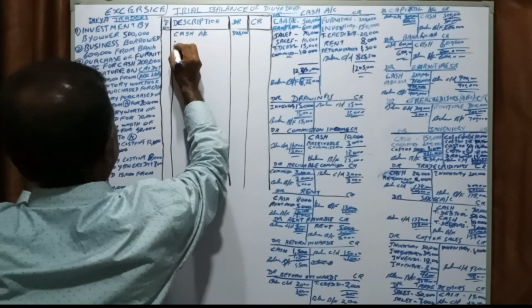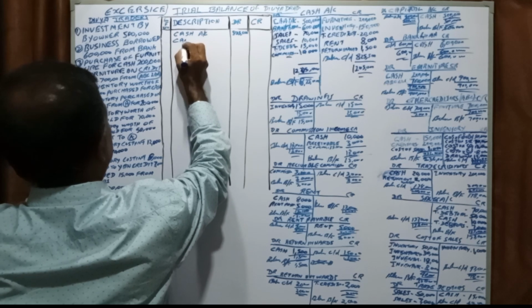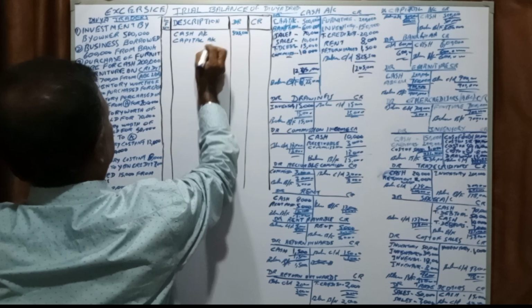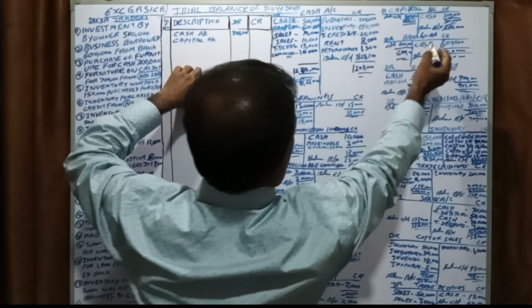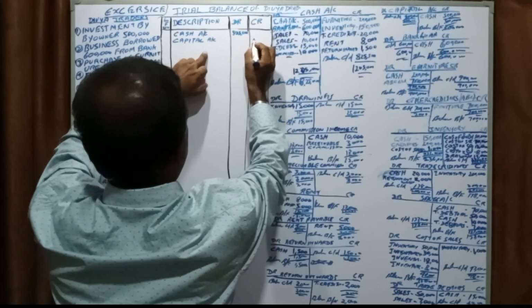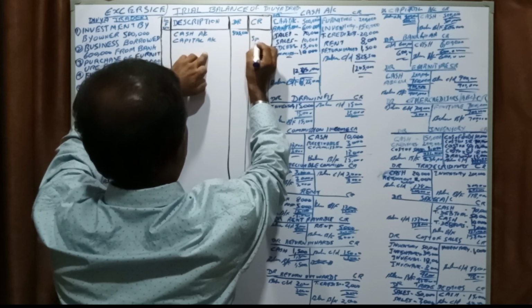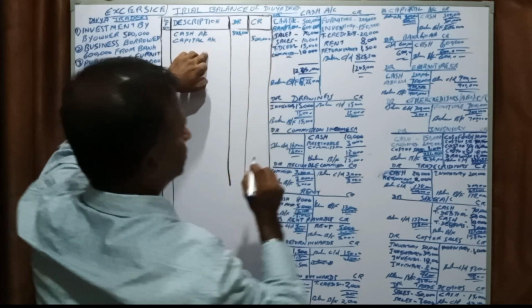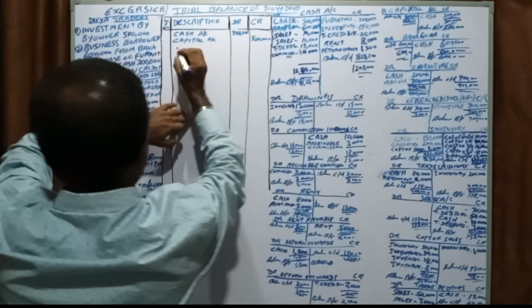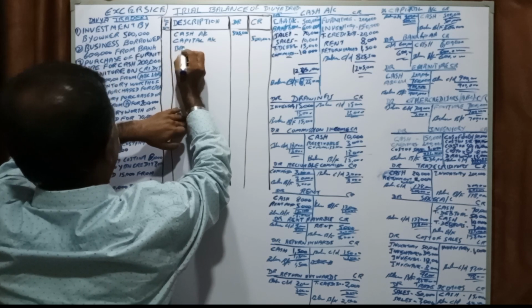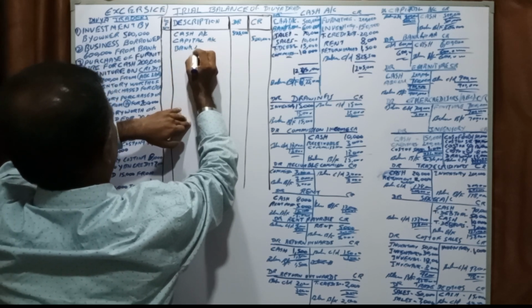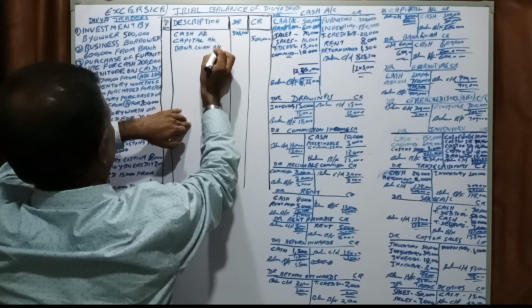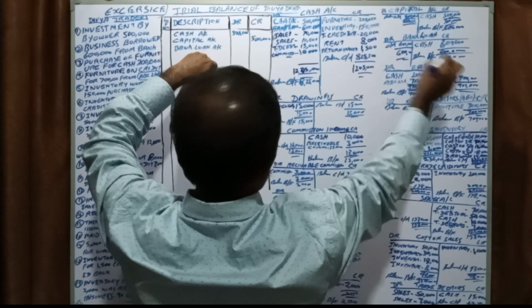Then capital. Capital account has a credit balance of 500,000. And bank loan also has a credit balance of 600,000.